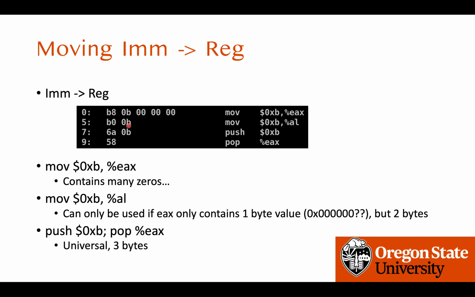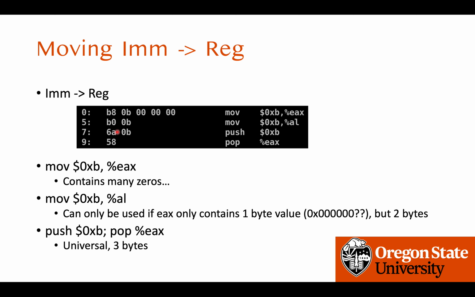The reason I chose the value 0xb is that it's the system call number for execve on a 32-bit machine, and we need that to execute a program at the end of our shellcode.